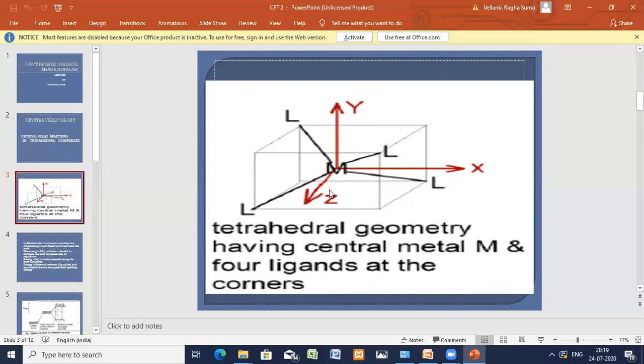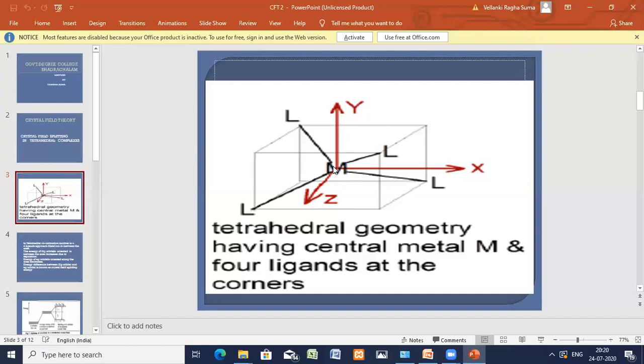The t2g set of d orbitals have their lobes in between the coordinate axes.